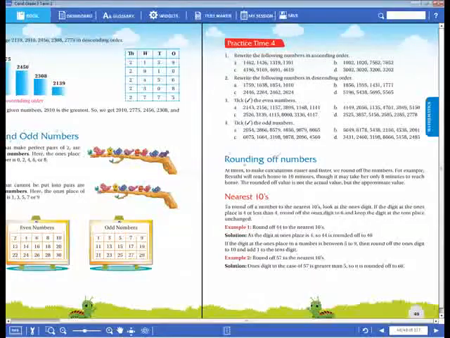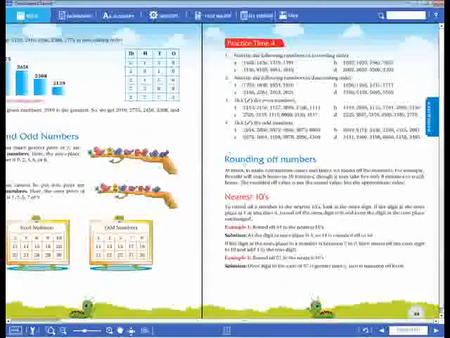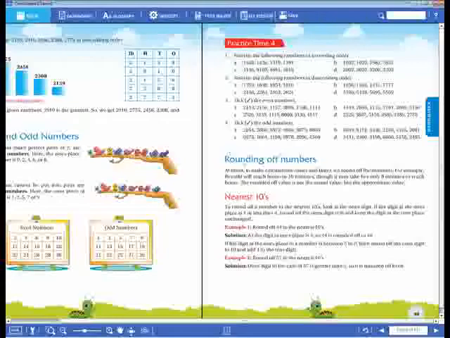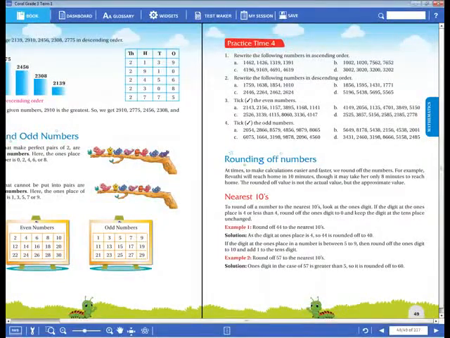So 30, very good, Ashrita. Here we have to check the ones place. If the ones place is less than 5, we take the number as 30. The nearest tens will be 30.